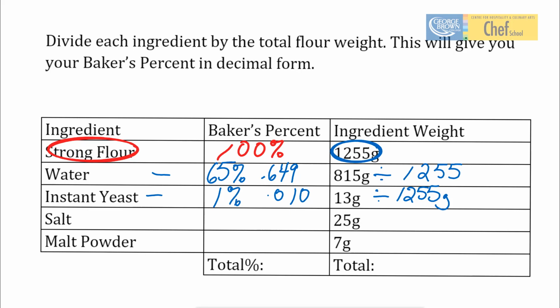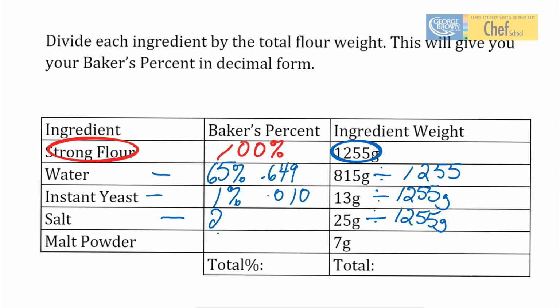Now, how are we going to do the salt? Same thing, 25 grams divided by weight of the flour, 1,255 grams. And that is going to give us a figure 0.0199. So let's call that 2%. Oops, sorry guys, I just stuck that in the wrong column. Let me take that out for us.